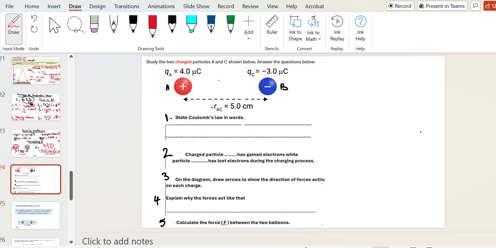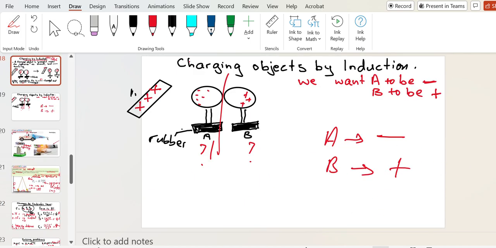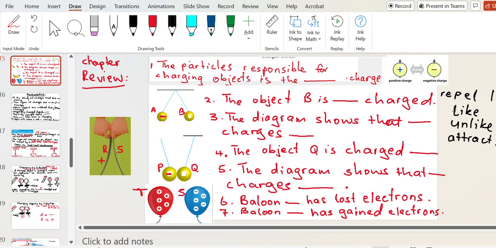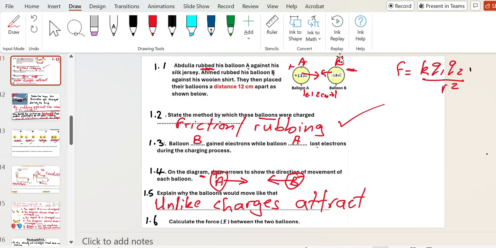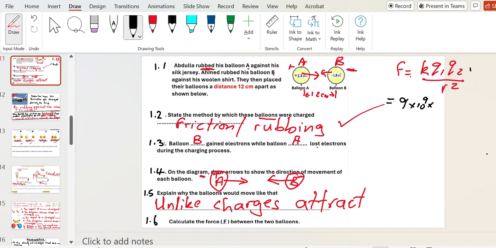Before we do this one, let's go to the one I avoided before. Where is that question? Is this one. So this is what I was saying here. What is the number K? 9 times 10 to the power 9. What is Q1? 2.3 micro. So 2.3 micro is times 10 to the power minus 6 times Q2.